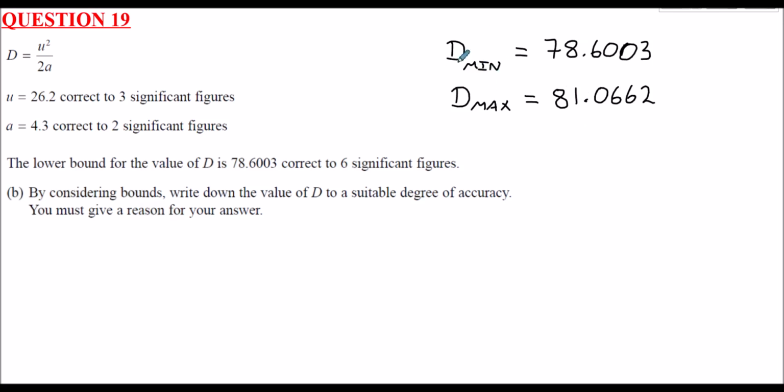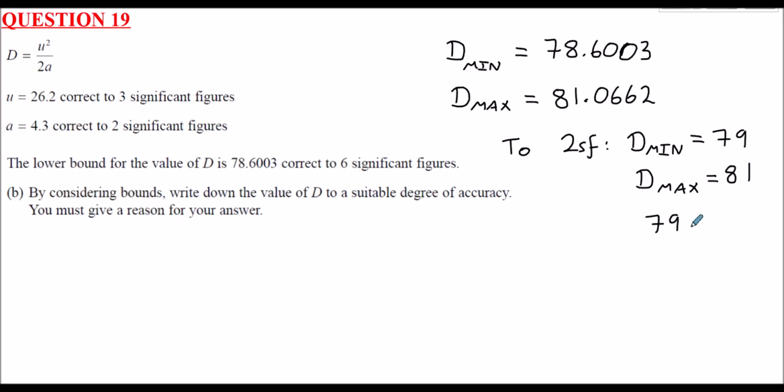So for example, if we rounded them to 2 significant figures, D min to 2 sig figs will be 79. Two significant figures essentially means to the nearest whole number. D max would be 81. 79 does not equal 81.